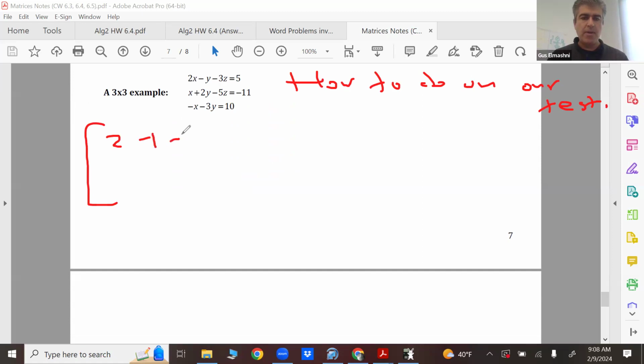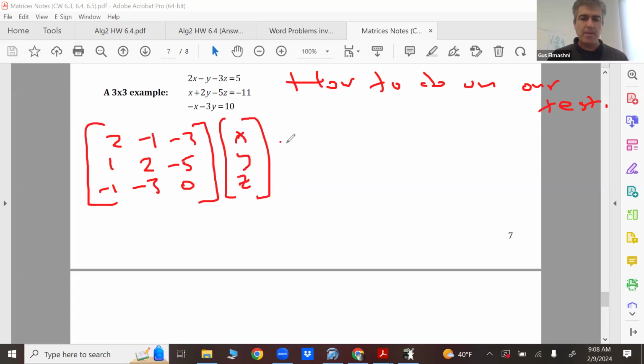The coefficient matrix is 2, negative 1, negative 3; 1, 2, negative 5; negative 1, negative 3, 0 (there's no z), times X, Y, Z, equals 5, 11, and 10.